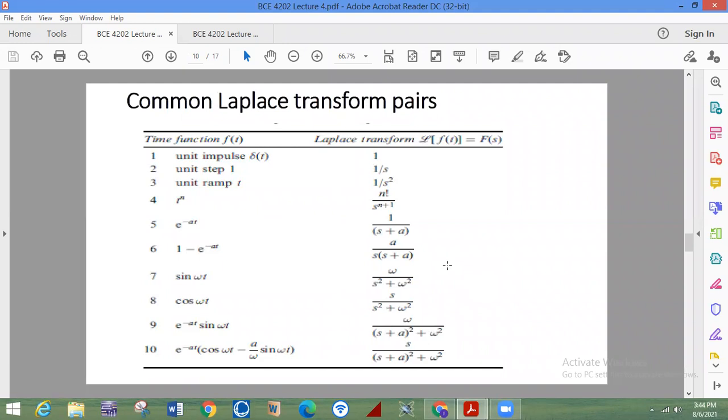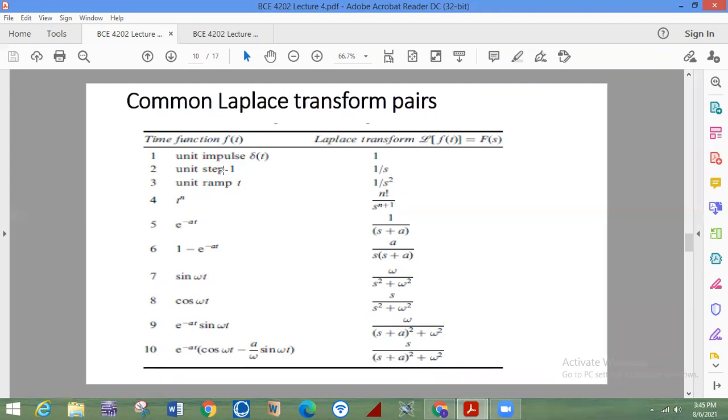This is still a review. I just got this from the reference books, Advanced Control Engineering, and also Advanced Engineering Mathematics. So when you have a time function as a unit impulse, when you do the Laplace transform, what do you get? You get 1. A unit step, we looked at it, you get 1 over s.